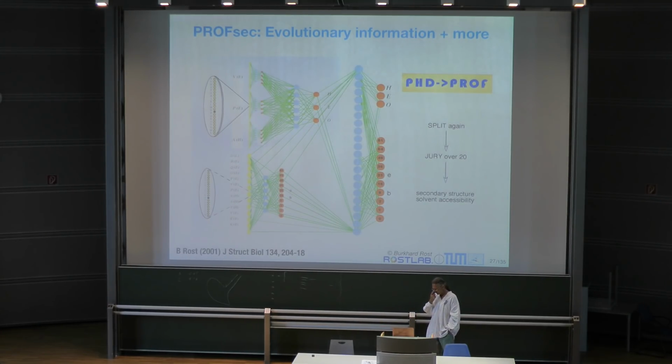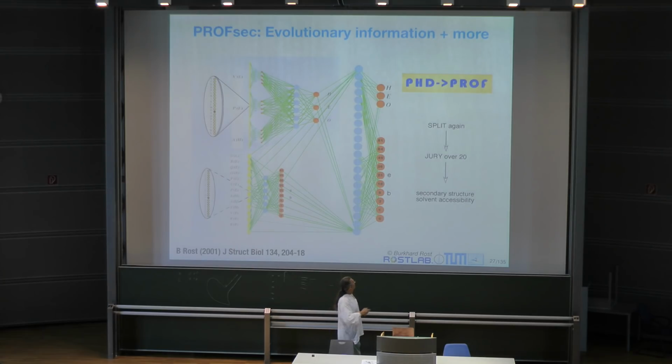And then comes, what about, we put also, the other question was, we put some of the input into the second level. So what this image shows is there's a third level where you put the predicted secondary structure and something else that I will briefly talk about in 2 lectures from now, solvent accessibility.